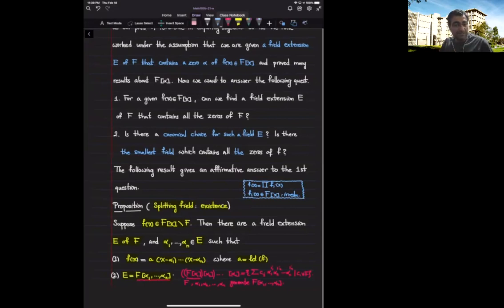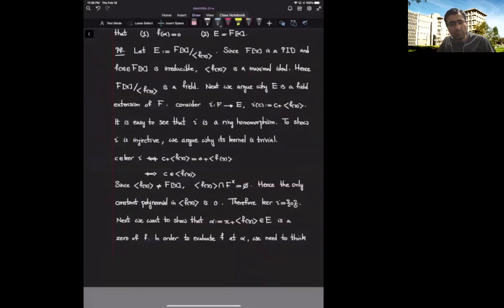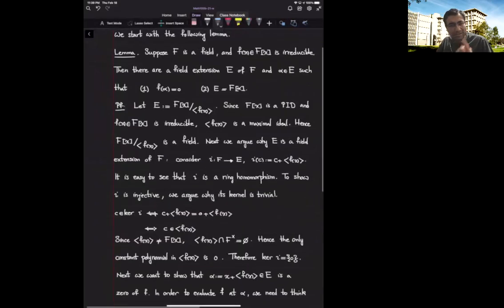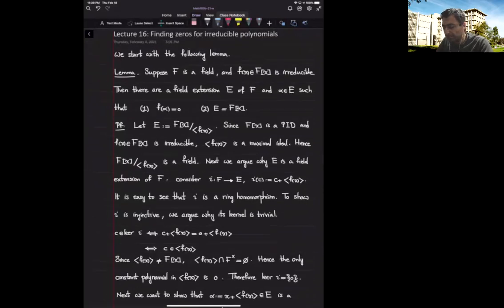So it's not surprising that we should start focusing on irreducible polynomials. That would be our first step. Instead of factoring completely into degree 1 factors, we are going to find a single degree 1 factor after a field extension. So that would be our first lemma.